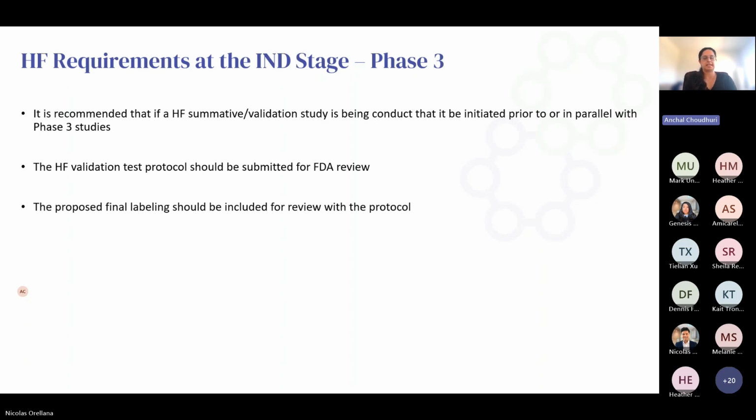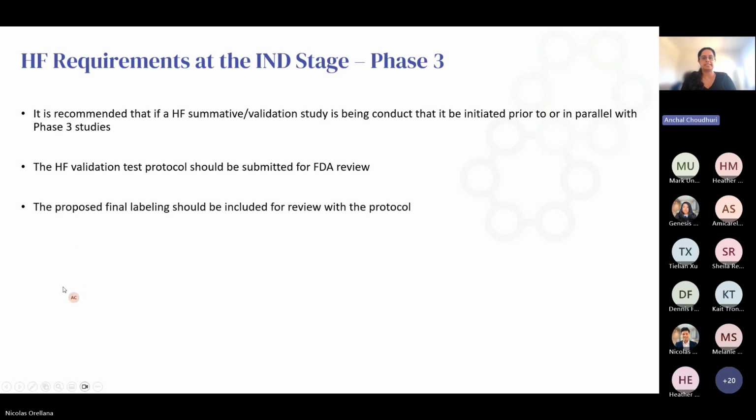It's recommended that you initiate that summative human factors study ideally prior to the phase 3 study, but it can oftentimes be done in parallel with the phase 3 study. Most of the time, we see that it ends up being done in parallel with phase 3 studies.